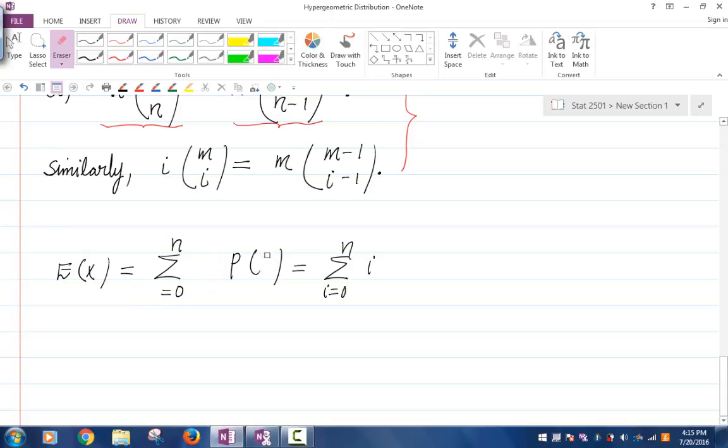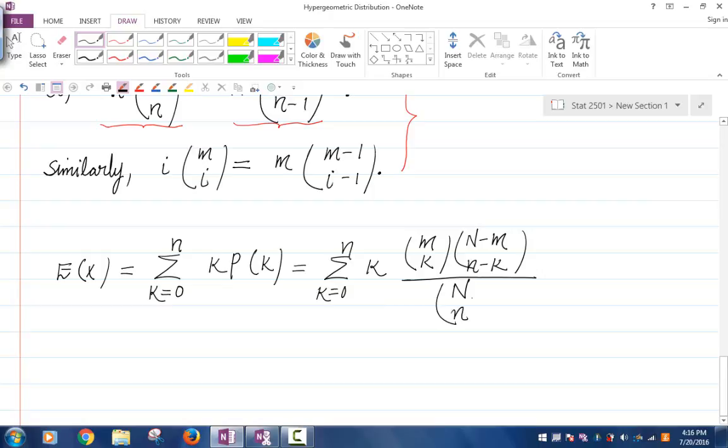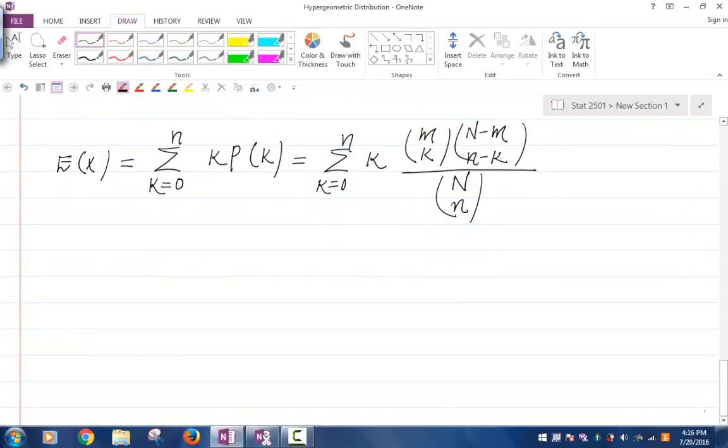So let's use k here. K going from 0 to n, P of k, k times that. This is k going from 0 to n, k, and P of k we know is m choose k times cap N minus m choose n minus k divided by cap N choose n. Okay, so this is what we get after we plug in the PMF function.